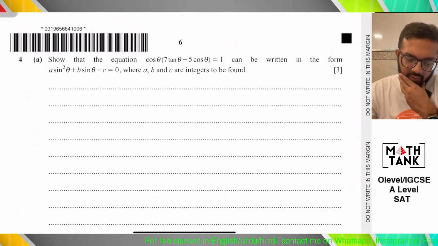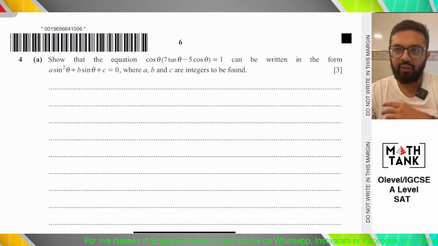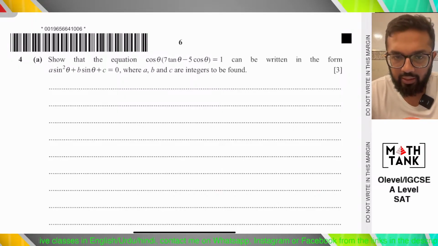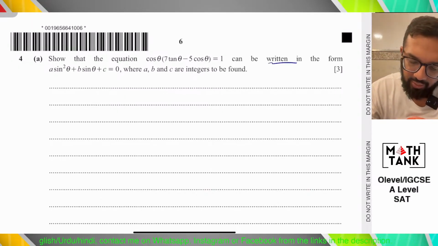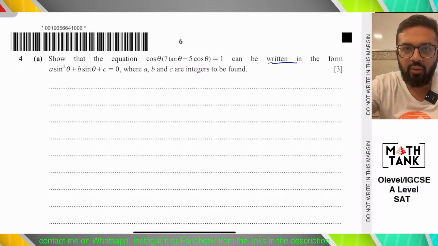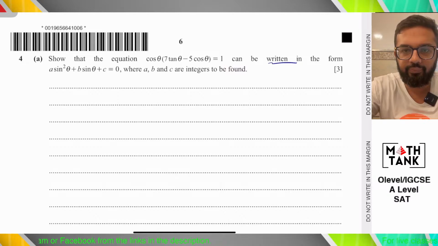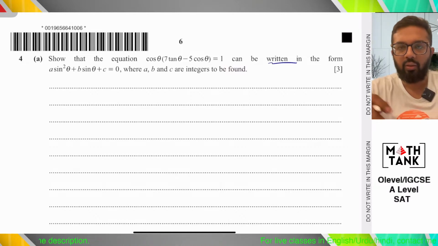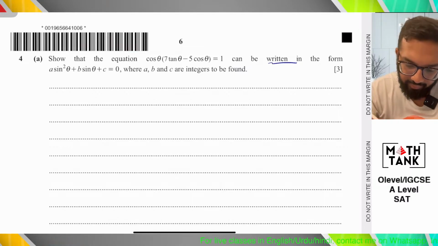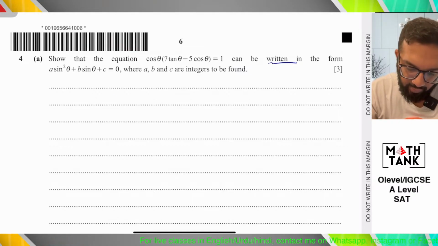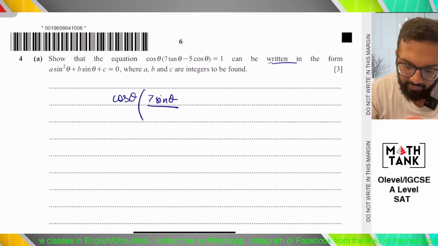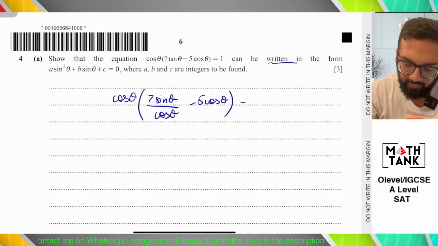Okay, then the next question is trigonometry. It says show that the equation can be written in the form a sine square plus b and so on. So cos theta, 7 sine theta over cos theta minus 5 cos theta equals to 1.